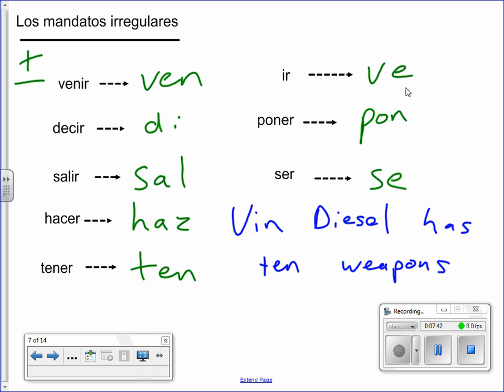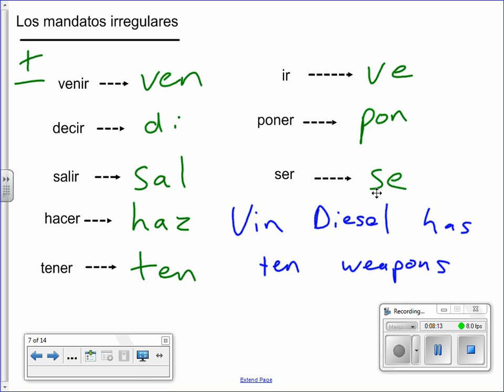Ve a mi casa, go to my house. Poner, pon. Tu mamá could say to you, pon la mesa. Set the table. Y finalmente, ser. Sé. Be. Sé simpático, por favor. Be kind, please. Be a nice person. Or sé feliz. Be happy. Be a happy person.